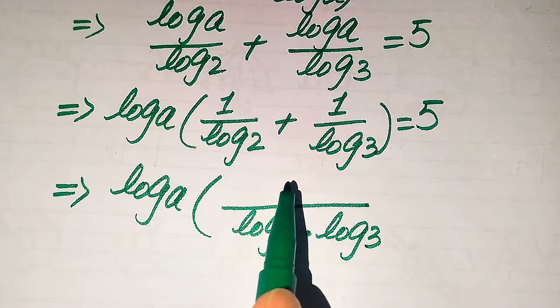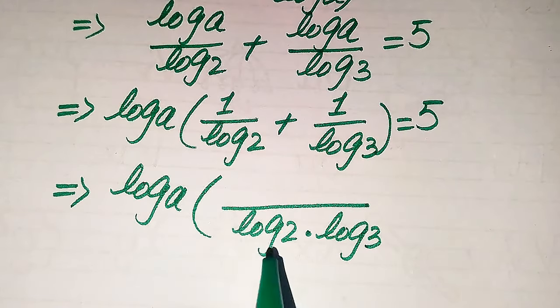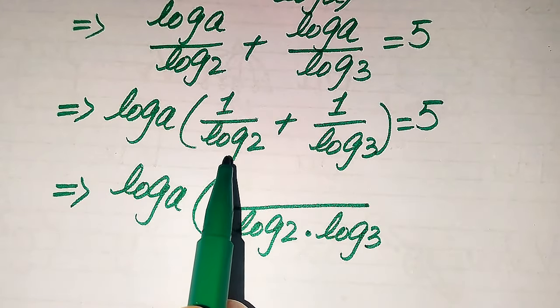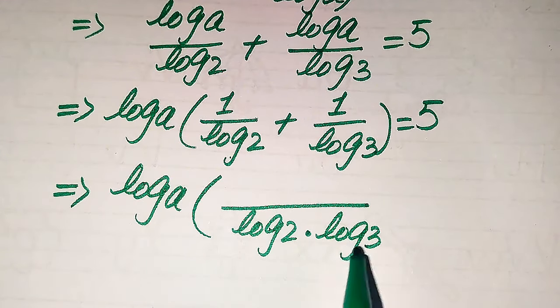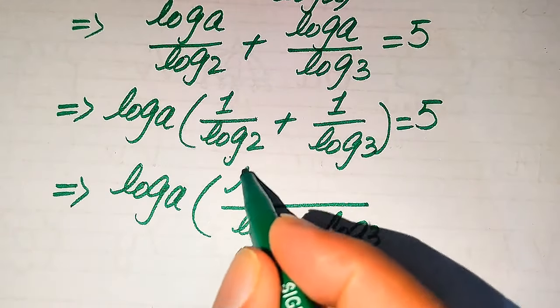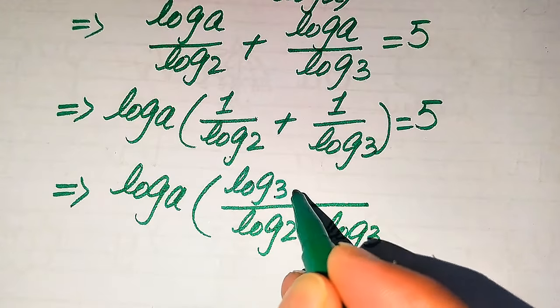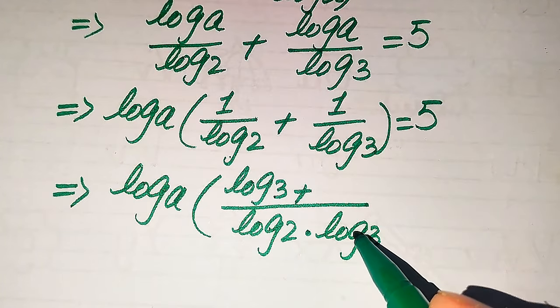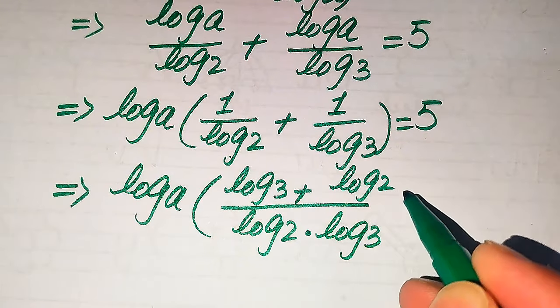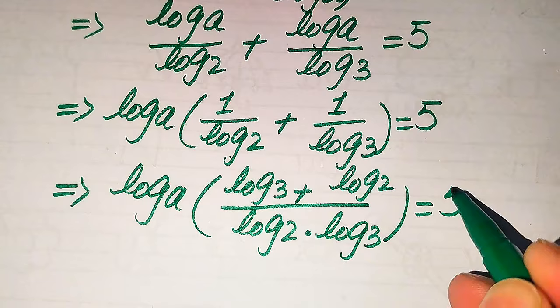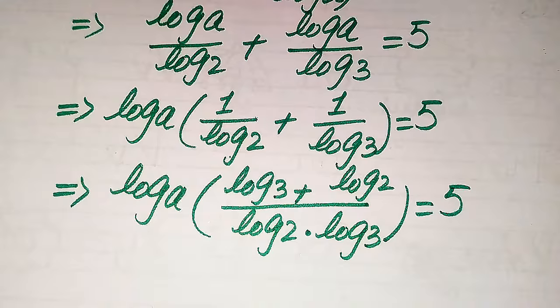When we divide by log of 2, log 2 and log 2 cancel each other, and we get log 3, and log 3 multiplied by 1 becomes log 3, plus log 3 cancels with log 3 and we get log 2, and this whole equation is equal to 5.